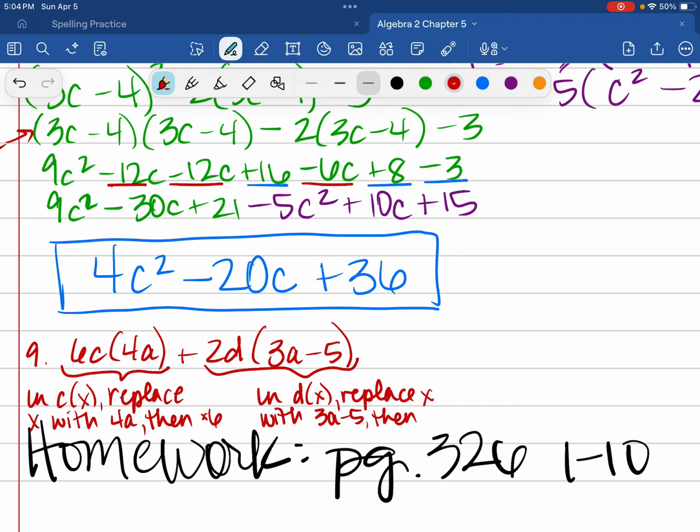Then, once you've simplified that, you're going to multiply it by 2. Okay, the notation there can get tricky and confusing, but the fact that we are dealing with functions means that you're reading this as c of 4a and d of 3a minus 5, not multiplication. Hopefully that makes some semblance of sense.